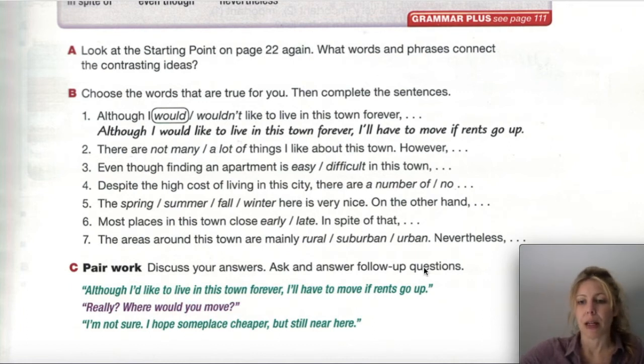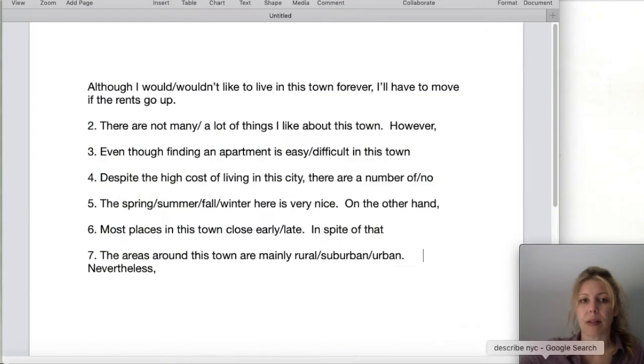Okay, so let's go to some sentences. Number 2, there are not many or a lot. We can choose one. Not many or a lot of things I like about this town. So we can choose one, but then we need to contrast. Okay, so let's see what we have. We can do the same thing.